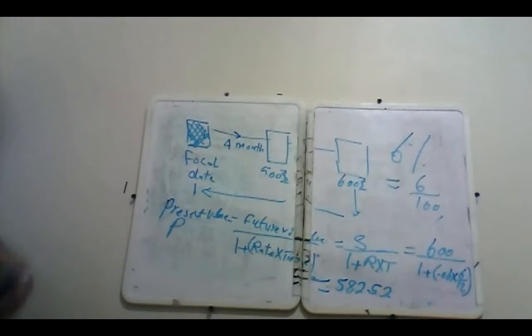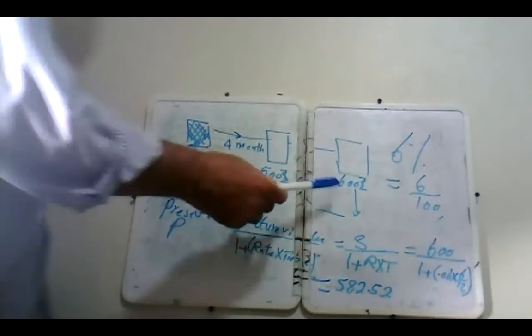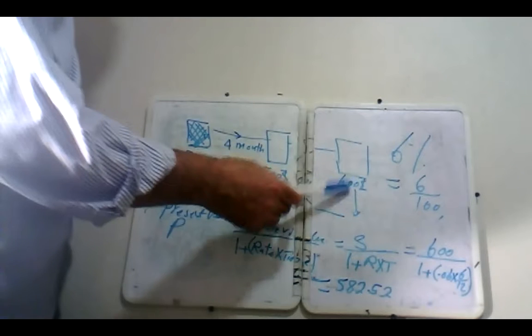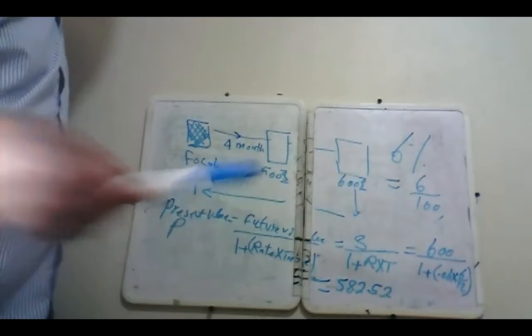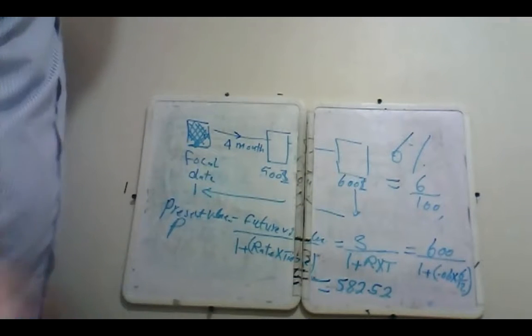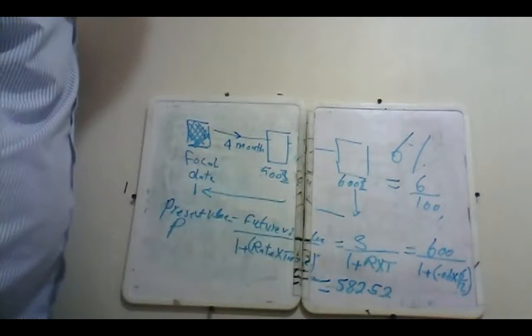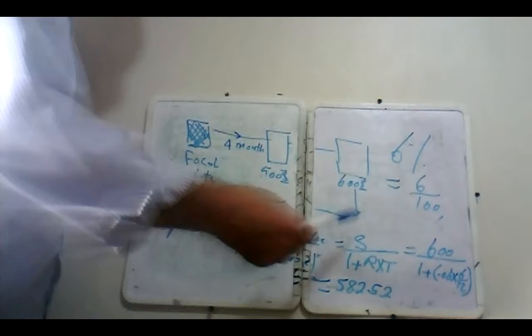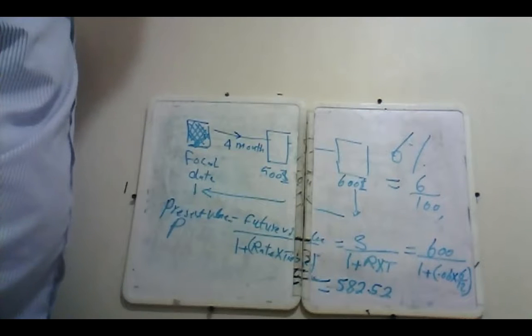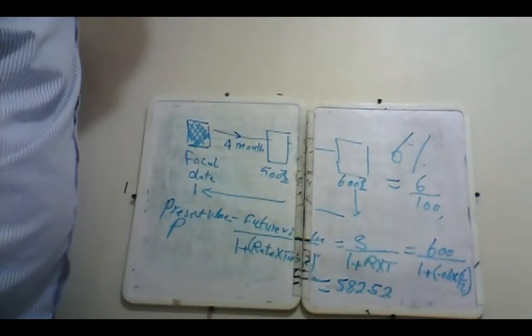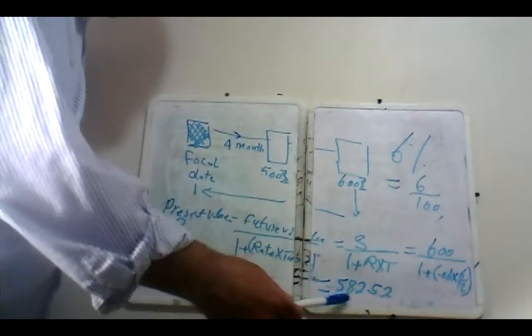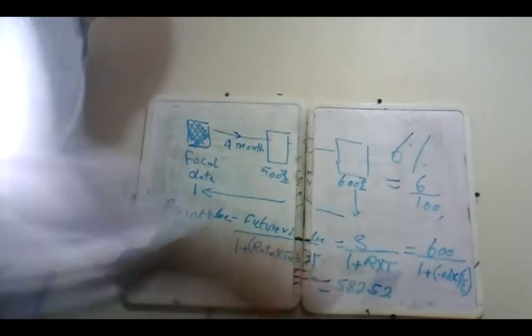The meaning is, I owe you $600 after 6 months, and I just want to pay right away, now. I don't want to wait another 6 months to pay the amount of money. So how much should I pay now? If I pay now, I will pay only $582.52.